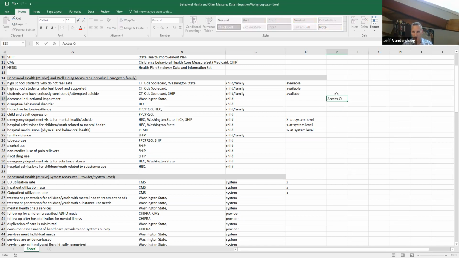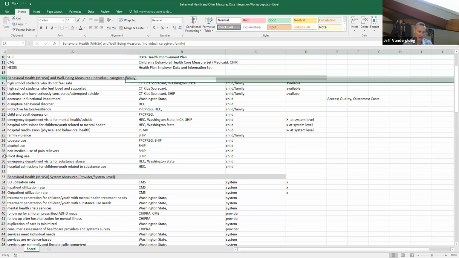So maybe as I'm typing this out right here, as you identify measures, we can say whether we think it's an access, quality, outcome, or cost measure. And like Tim said, maybe focusing more on quality and outcomes, since that's mostly what we have, and some access indicators. So as we go through, let's just start with this block again.